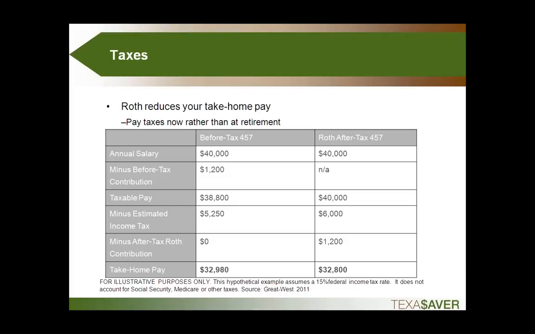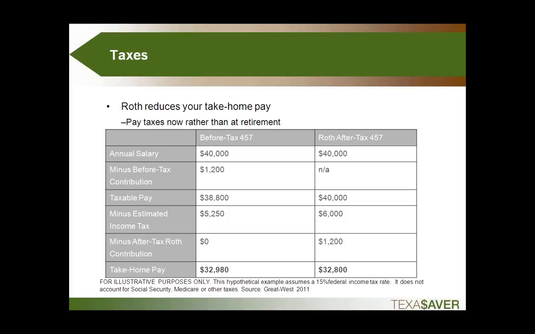In the illustration on your screen, we have an example of someone who earns $40,000 a year, and they're in a 15% tax bracket. They also contribute $100 each month before tax to the Texas Saver plan in the center column. So this person would have to pay income tax on $38,800.